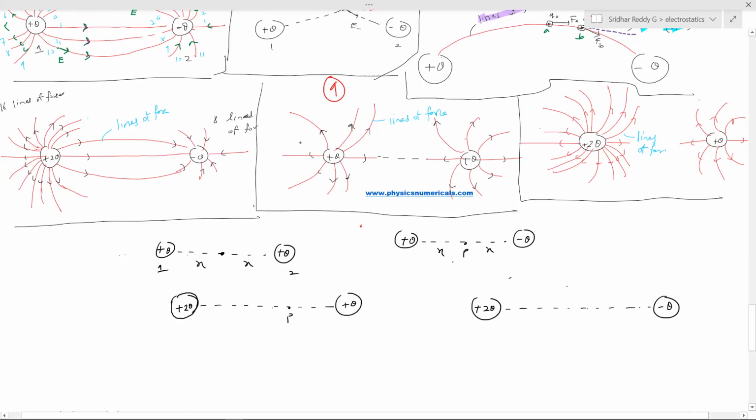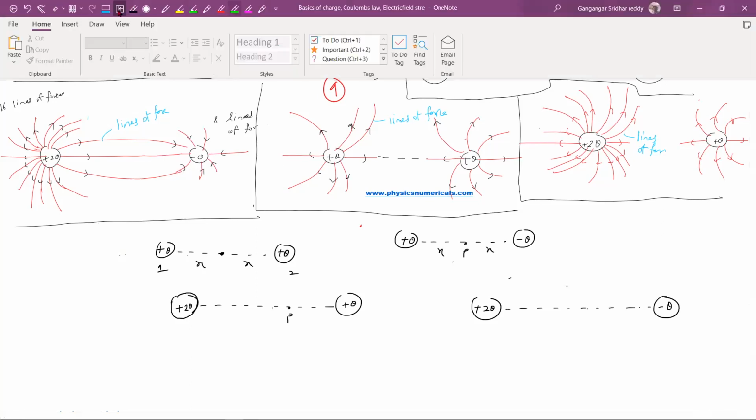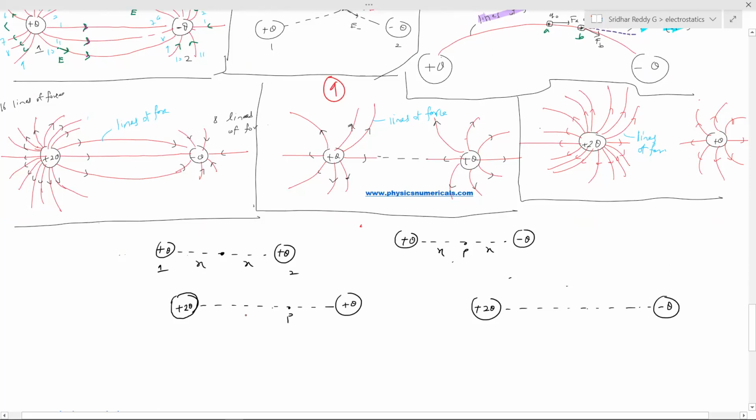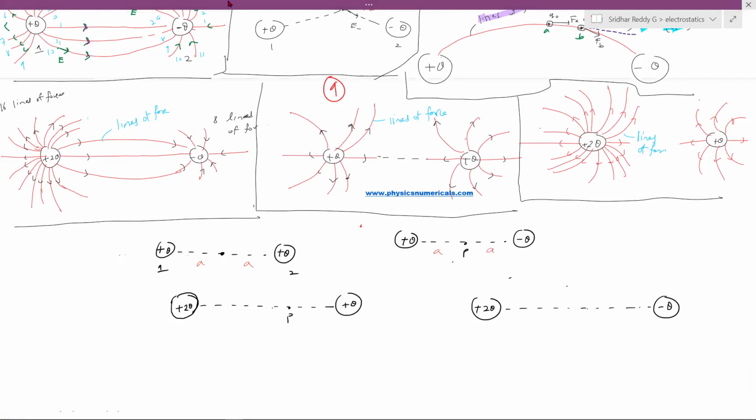Now, what is the use of this? Let me use some other color pen. So the total separation between them, let this be A. I think it's not visible, the nib has become very thin.